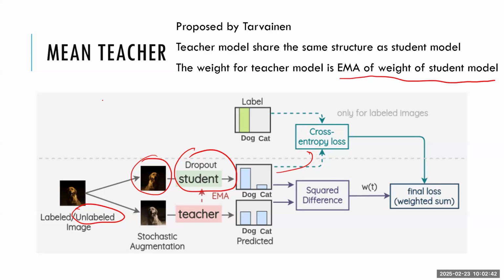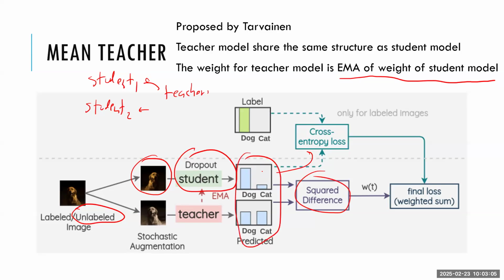So in the first iteration, you have student 1, right? The second iteration, you have student 2. And while you want to train student 2, the teacher is basically student 1, right? So we have the prediction from student 1, the prediction from student 2, and then you use the square difference to compare the prediction. So the student and the teacher should have the same prediction.